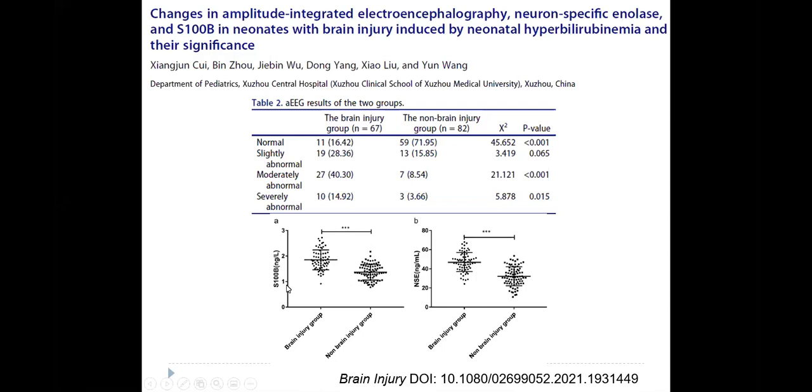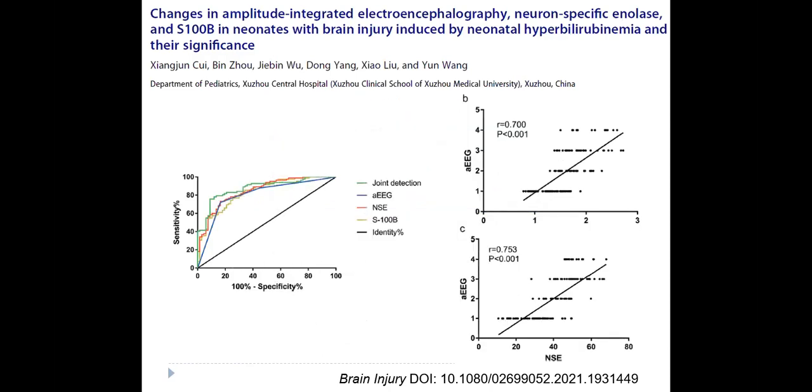When they measured the protein S100 and enolase, the difference was significant between brain injury and non-brain injury. But it was very interesting that the correlation, the Pearson R, was a very direct correlation between the pattern of aEEG and the levels of enolase and the levels of protein.